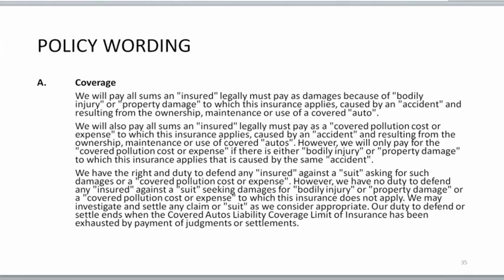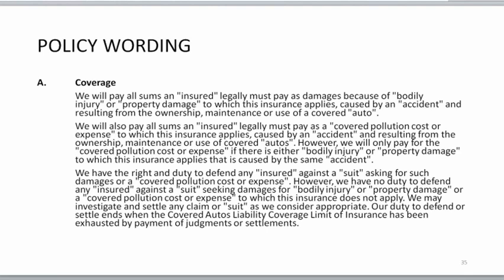Let's go back to the insurance agreement, and we're going to focus on the second paragraph here. We pay all sums an insured legally must pay as damages because of bodily injury or property damage to which this insurance applies, caused by an accident and resulting from the ownership, maintenance, or use of a covered auto. We will also pay all sums an insured legally must pay as a covered pollution cost or expense to which this insurance applies, caused by an accident and resulting from the ownership, maintenance, or use of the covered auto.